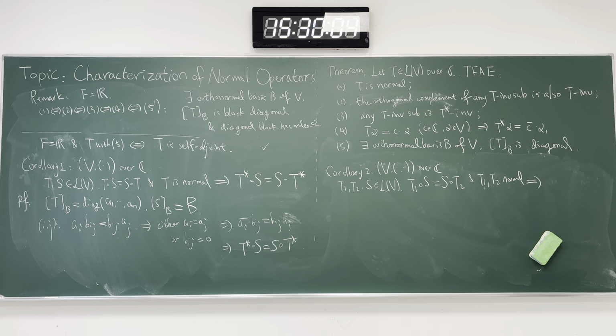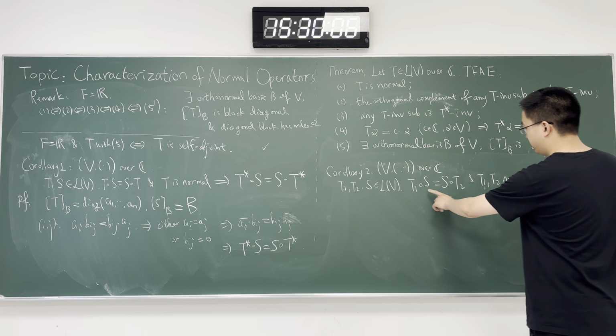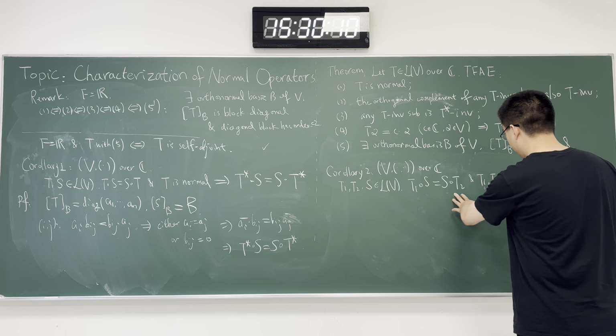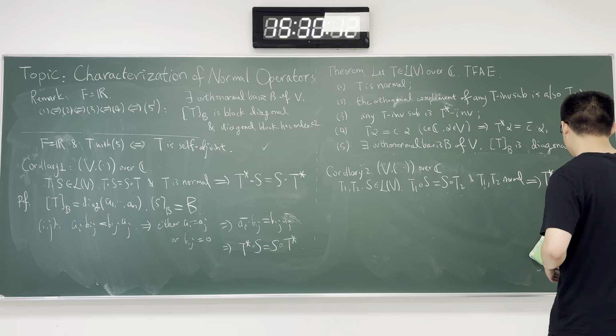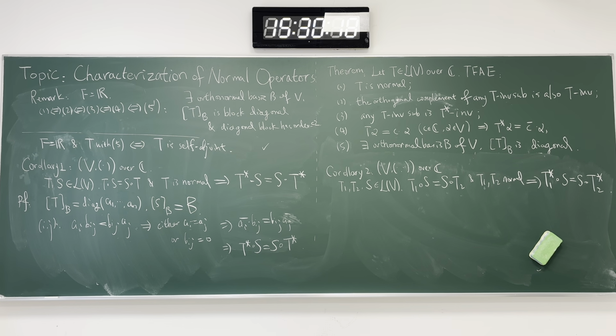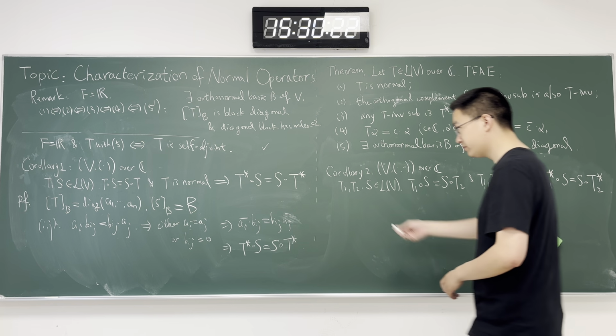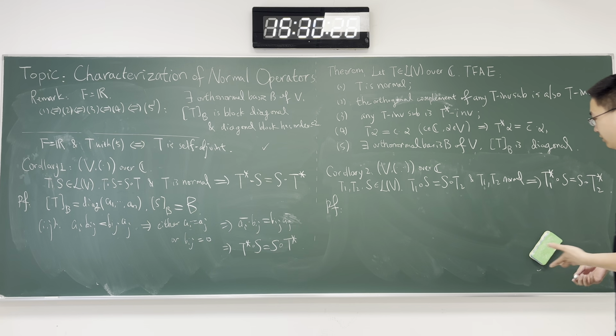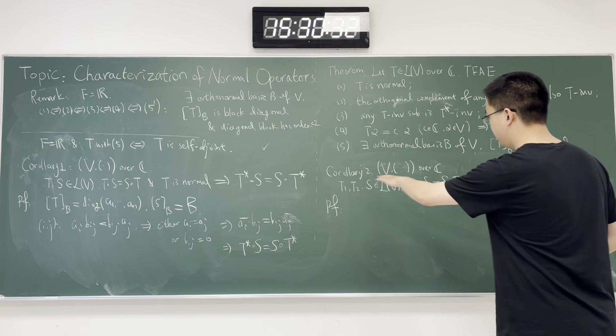The natural expectation is that S also intertwines the actions of T1 star and T2 star. It seems to be stronger than the first one, but I would like to show you a matrix technique, sometimes called a matrix trick, to get from corollary 1 to 2.